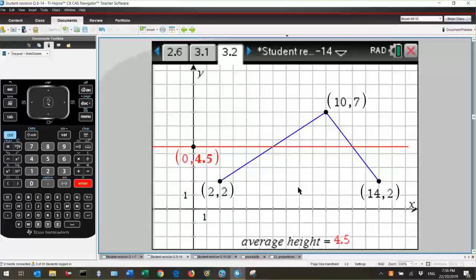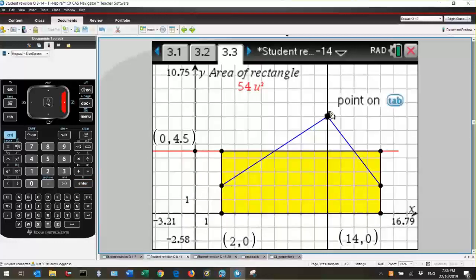Right? Another way of looking at it in terms of area, I've got the same thing here. So we want the average height of the function. In terms of area, see the area of the triangle here to the left of that line, and this yellow triangle here, those two areas have to be the same.